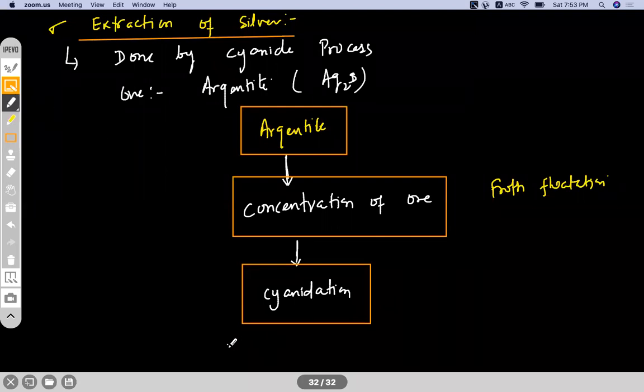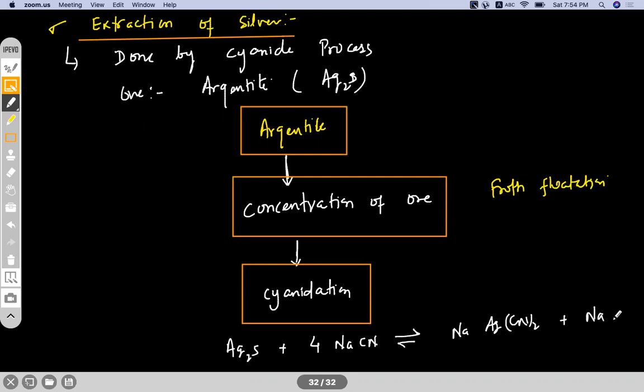We have Ag2S, argentite ore, which we get after the concentration. So the concentrated ore is allowed to react with NaCN, sodium cyanide. It forms a complex compound, NaAg(CN)2, plus Na2S. Okay, it is the impurity Na2S.